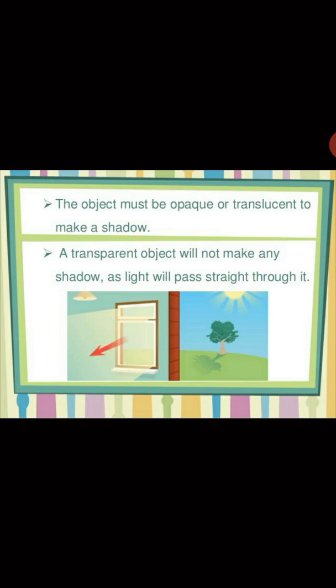Sometimes we don't need light also in the house. So this is how, based on the material, shadows are formed. Shadows can only be formed when light is blocked by an opaque object or translucent object. Shadows cannot be formed when light is blocked by a transparent object.